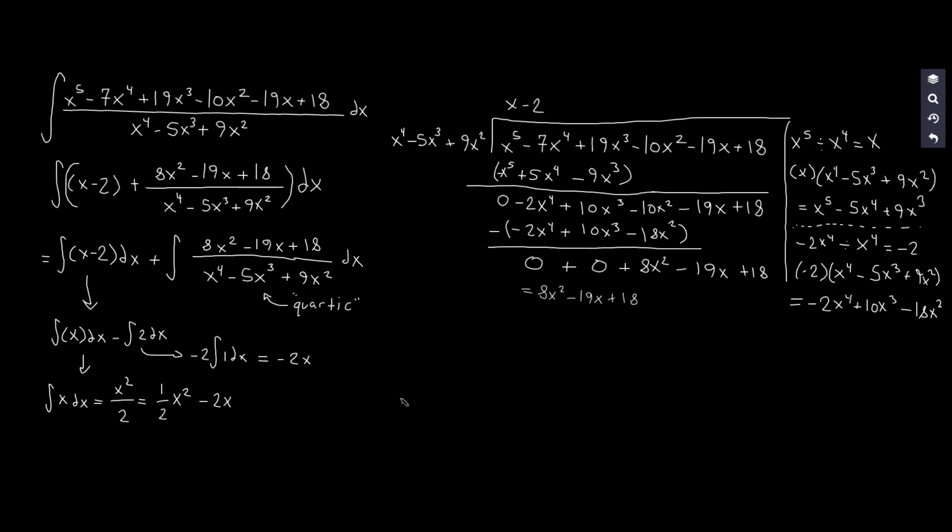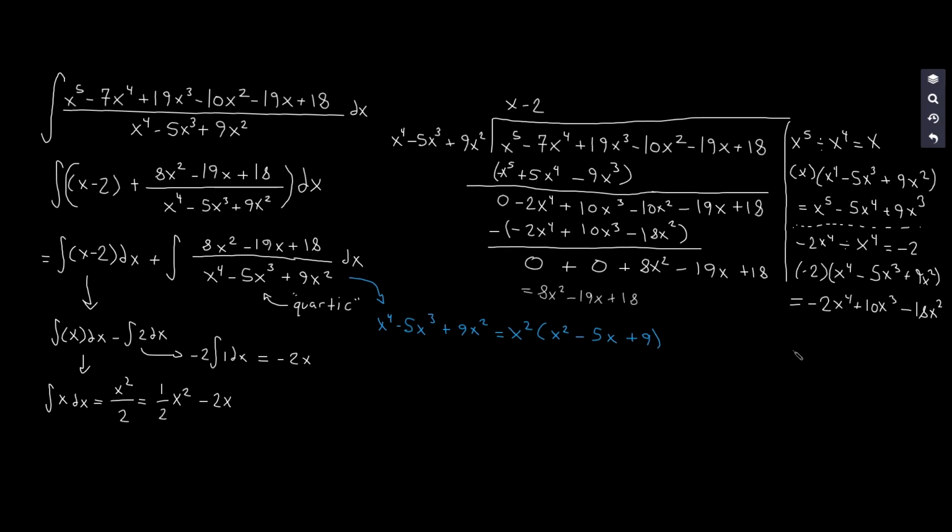So we'll just factor it. It's x raised to the 4th minus 5x raised to the 3rd plus 9x squared. They all have a factor of x squared in it. So if we take out that x squared, it becomes x squared minus 5x plus 9.